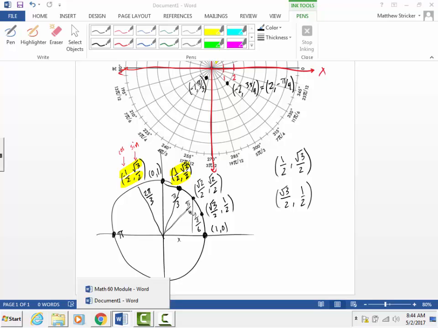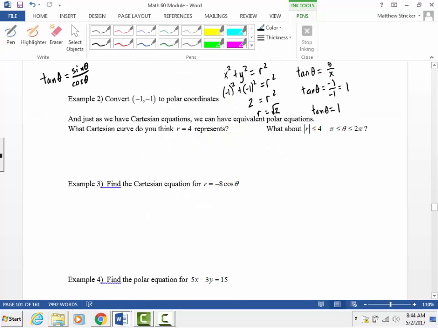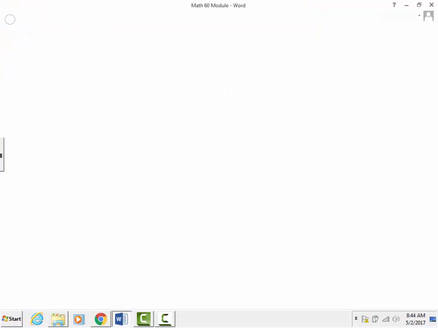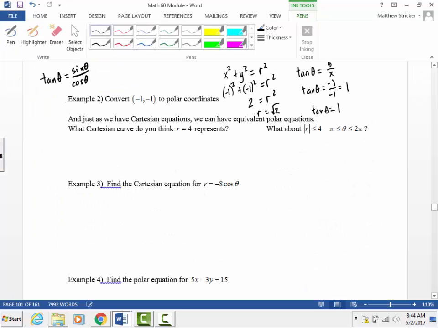Now there's one problem with that though. Does anybody know what the problem with that is? Yeah, so they are also the same in the third quadrant, because in the third quadrant we get the x is negative and the y is negative.